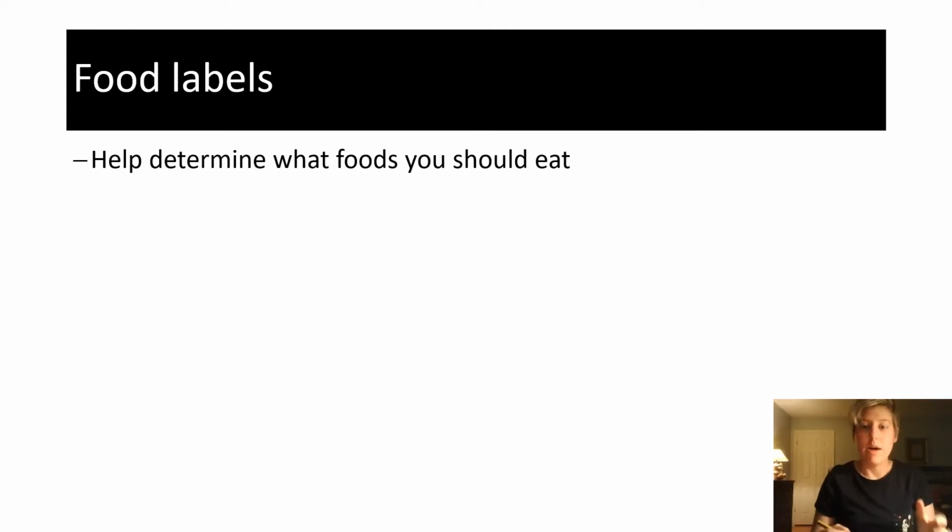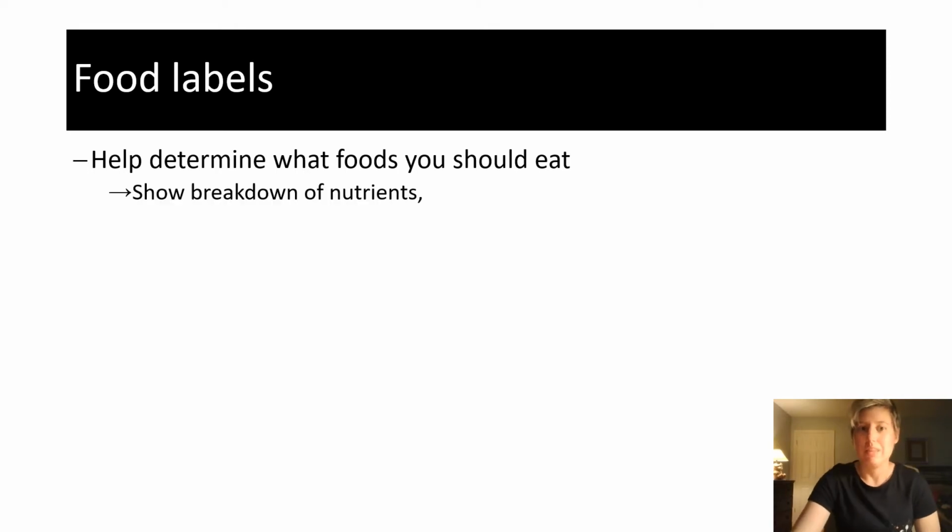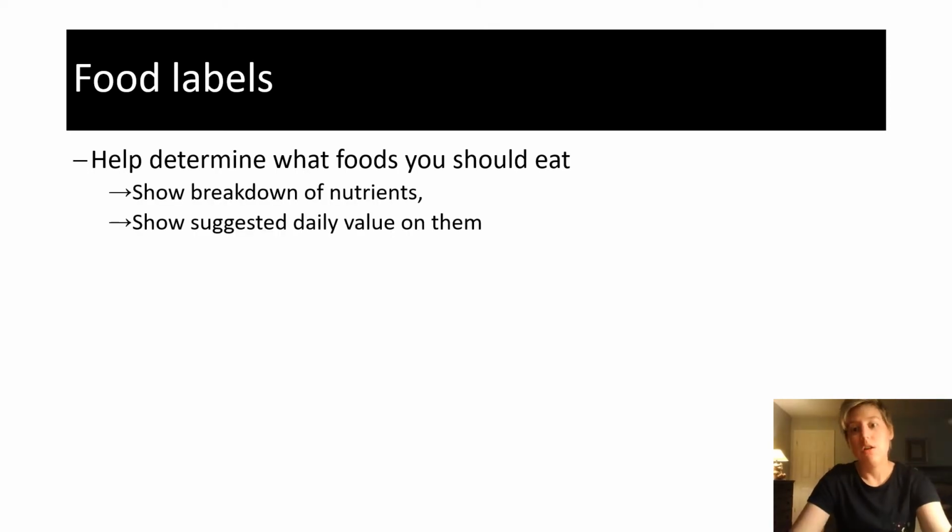Anything else must have a food label, and it needs to have the list of ingredients in the food product, and also the relative breakdown of what in the food is carbohydrates, what is fat, what is protein, and some of our other micronutrients. It also shows the daily suggested value that you should have of that breakdown.